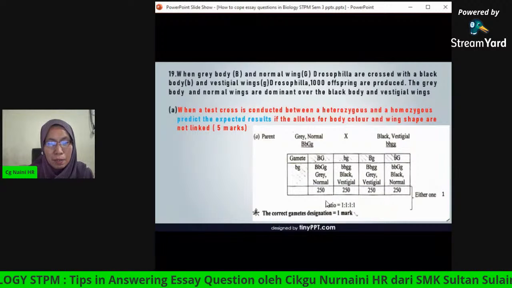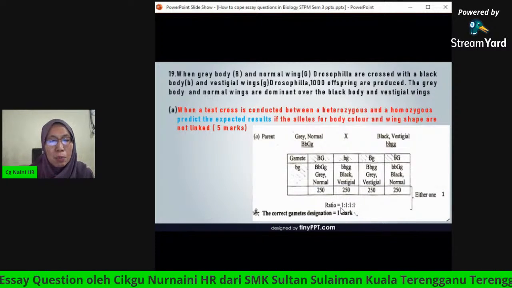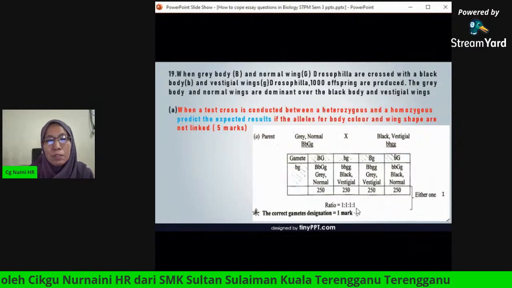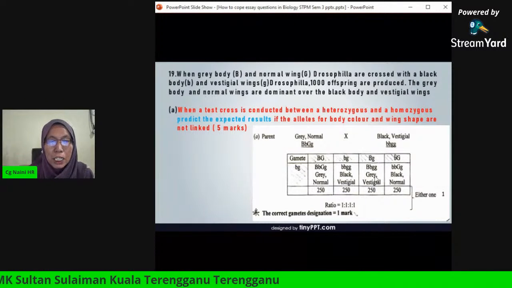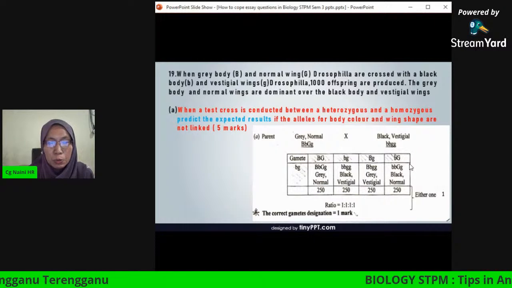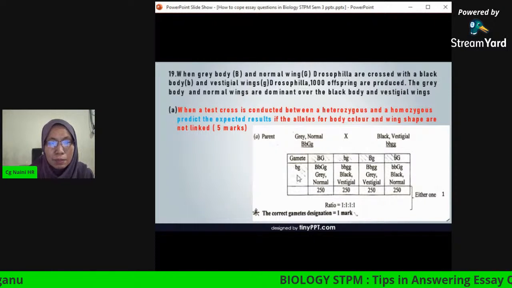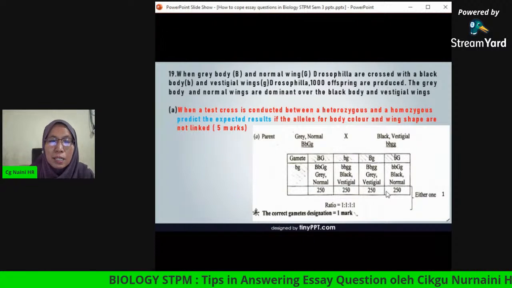Remember, if it is a Mendel test cross for dihybrid, the ratio is 1:1:1:1. The marks given are 5 marks. For the Punnett square, we give 2 marks, this 1 mark and this 1 mark.